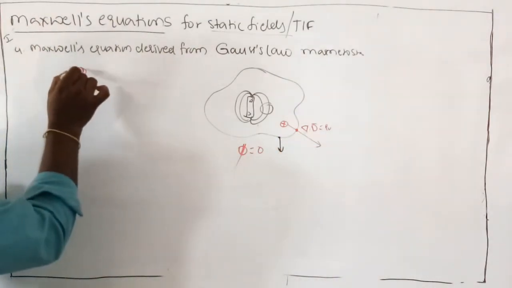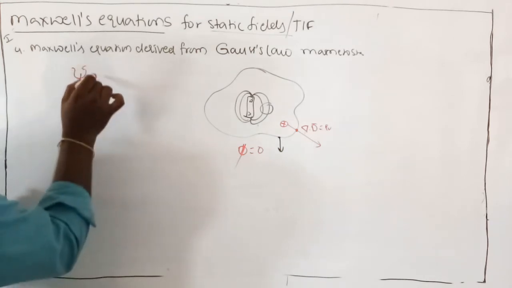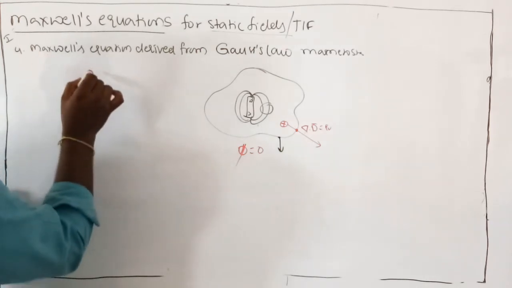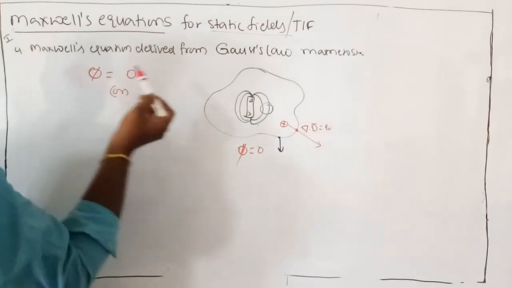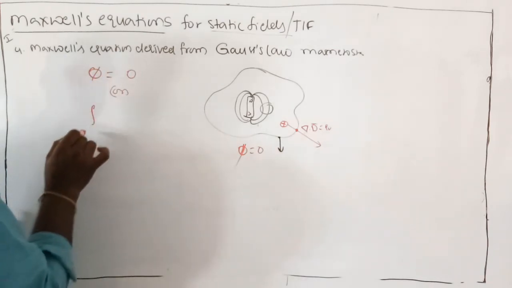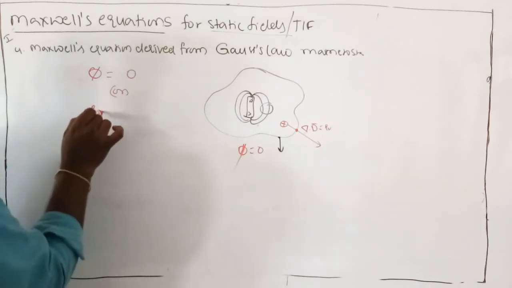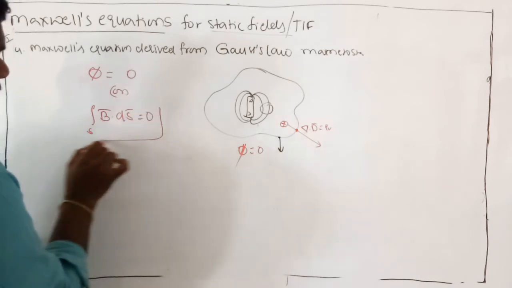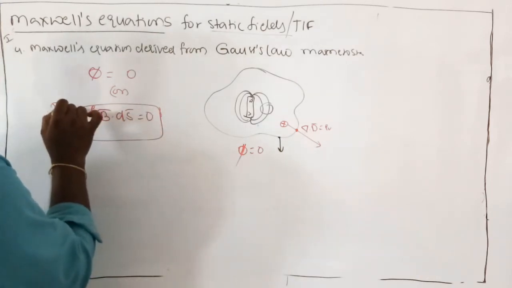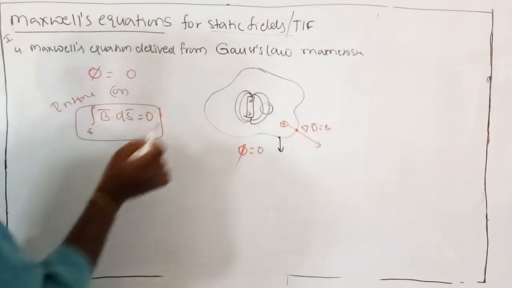Now how can you write the expression here? Psi, not phi: phi equals 0, or in terms of magnetic flux density, the surface integration of B bar dot dS bar is equal to 0. This is the integral form of Gauss law in magnetostatics.